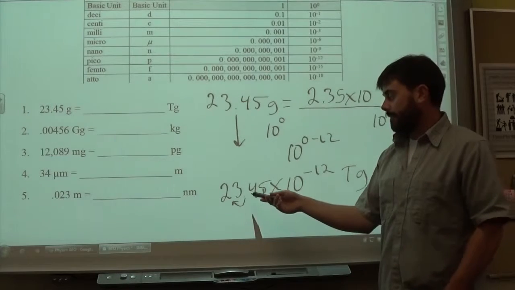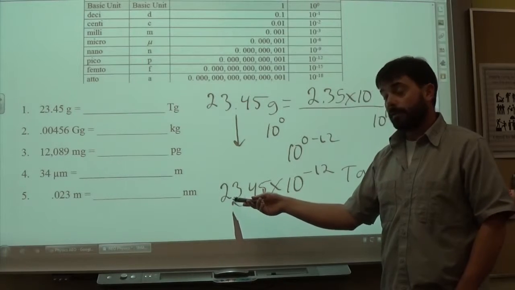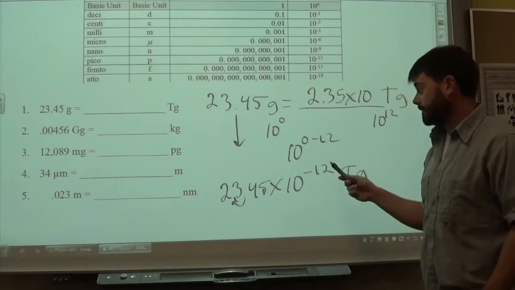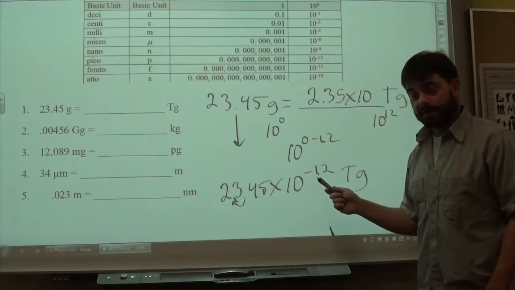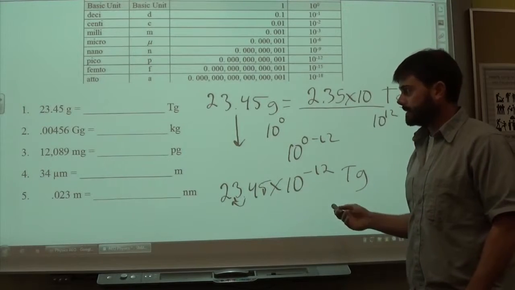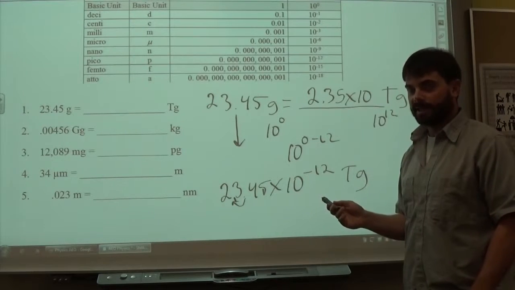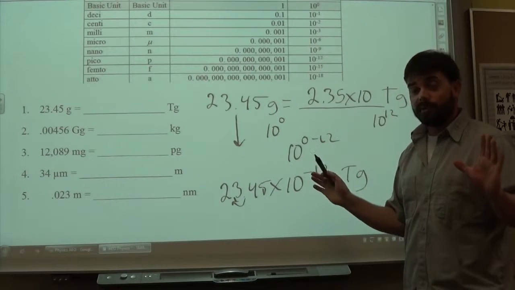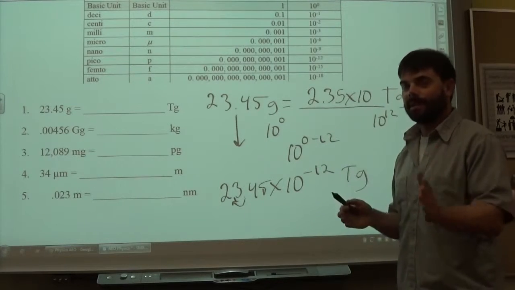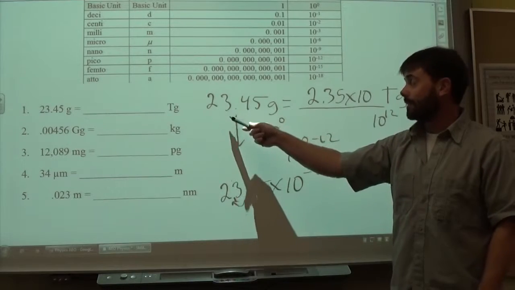Now, if I'm making this value smaller, meaning I'm dividing by 10, that means I need to make this number larger by a factor of 10. Because I'm not trying to change the value of this, I'm just trying to change how it's represented. That's all we're doing with any of this. We're not creating a new number, you're just representing it in a different way.